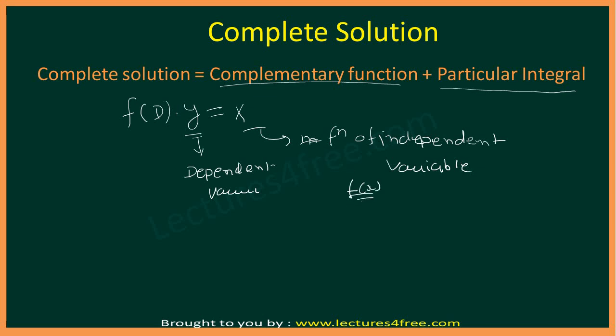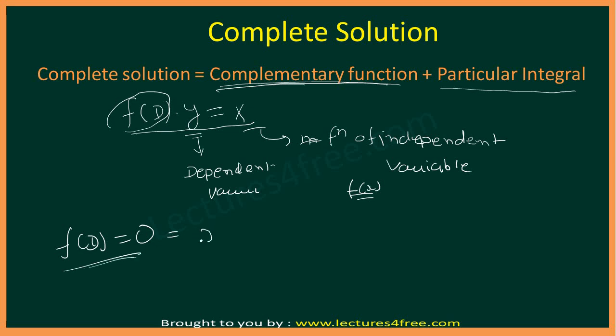In any equation like this, the complementary function depends on the auxiliary equation. The auxiliary equation is f(D) = 0. From this we get the roots of the equation, meaning the values of D which satisfy it, and from there we get the complementary function.